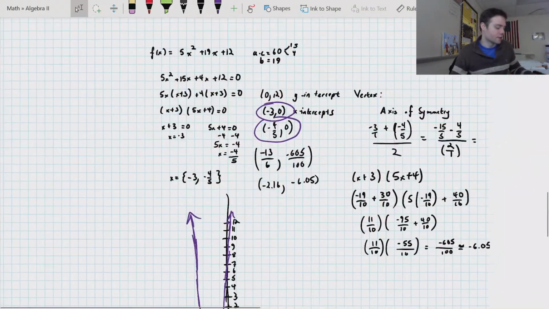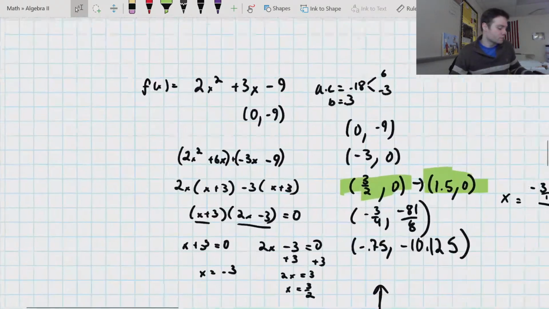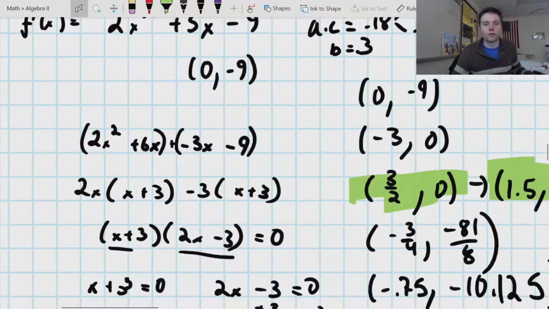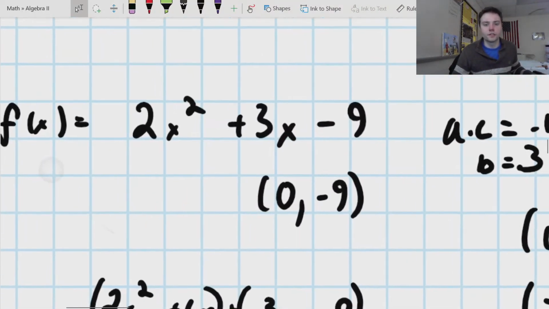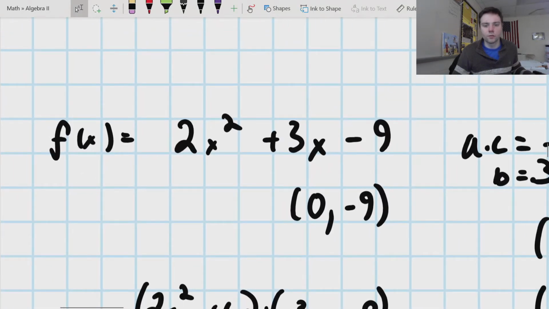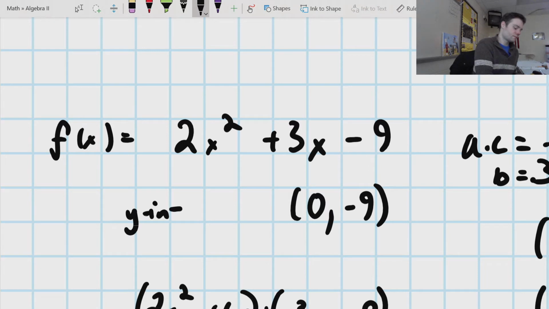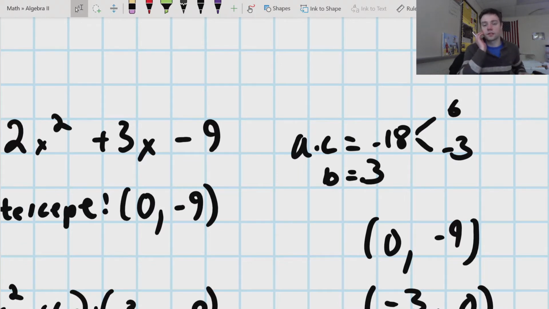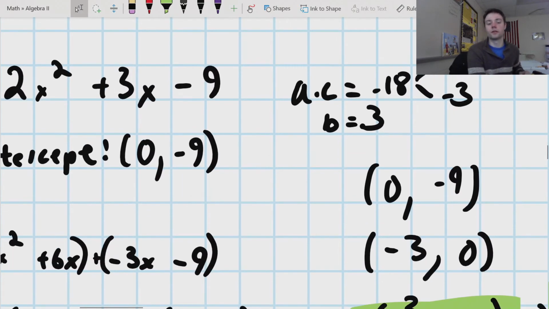So I'm going to go over some of these. So this is the first example I tried to do. So right off the bat, you can kind of see 0 and negative 9 is a y-intercept. A times C is negative 18, 6 times negative 3, and your B term is 3, okay?